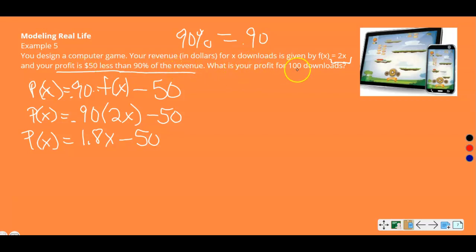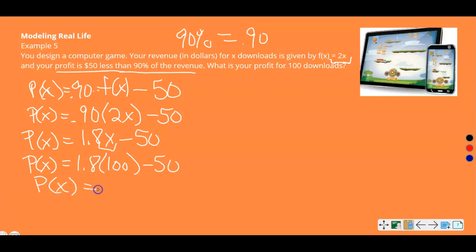Now it says, what is your profit for 100 downloads? So if I want to do 100 downloads, I need to simply take 100 and replace it by x. x is my independent variable, so I can plug in however many downloads I want to figure out what the profit would be. All right, so if I do that, p of x is 1.8 times 100 minus 50.